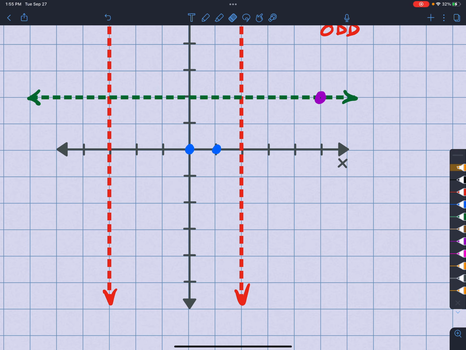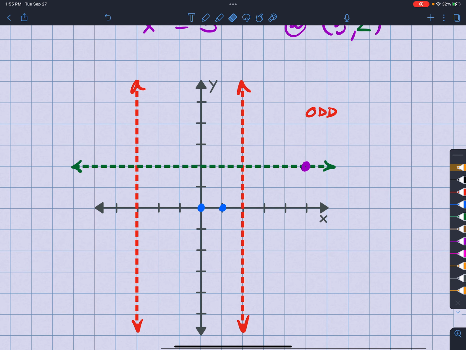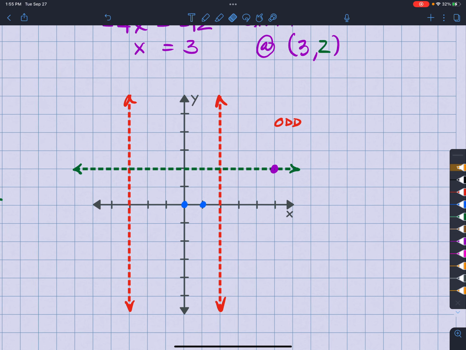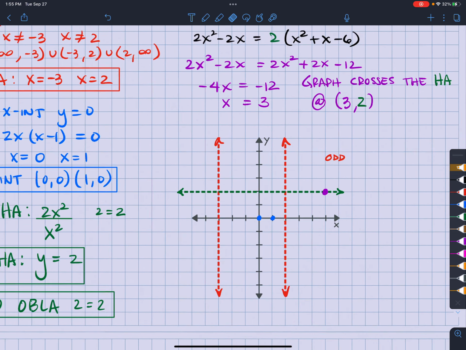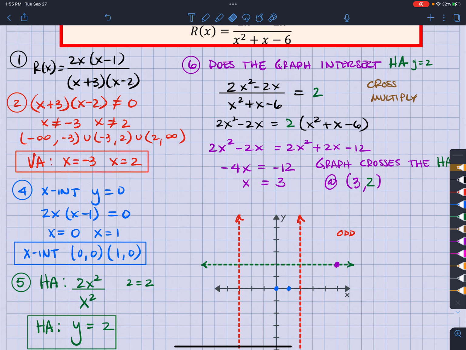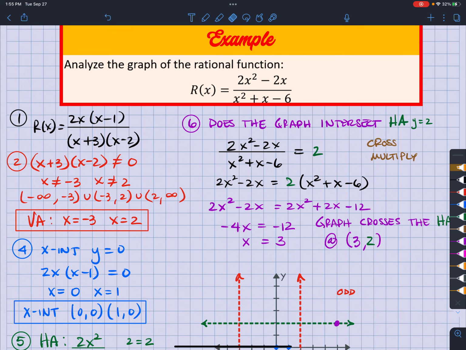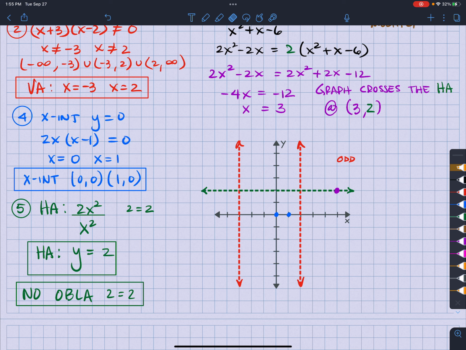All right, so let's see here. I want to make sure that I got everything else right. I'm pretty sure it's going to go up and right back down.